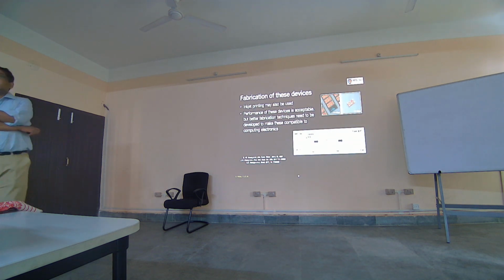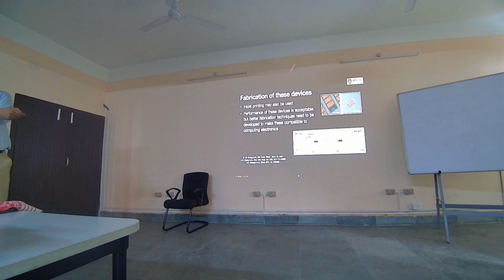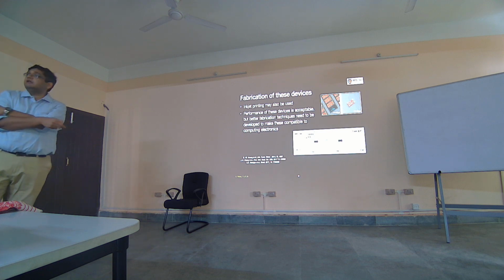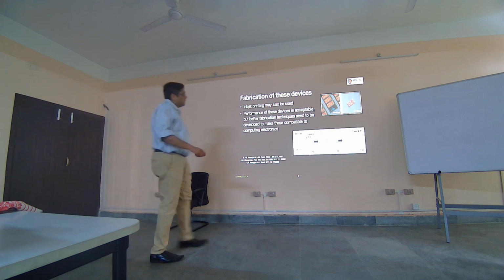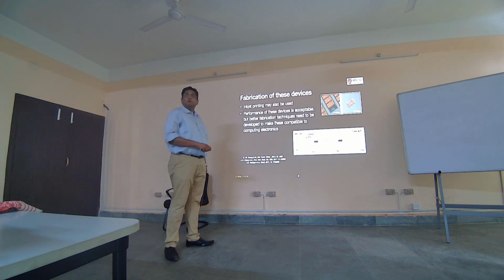We can also use inkjet printing to manufacture devices. The performance is acceptable, however, better fabrication techniques need to be used. So here's an example of an implanted device. This is a transistor array which is being simulated inside the human body.